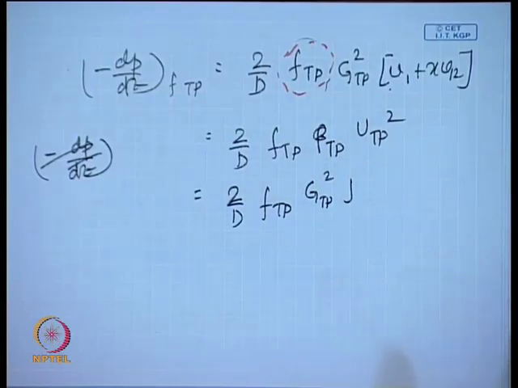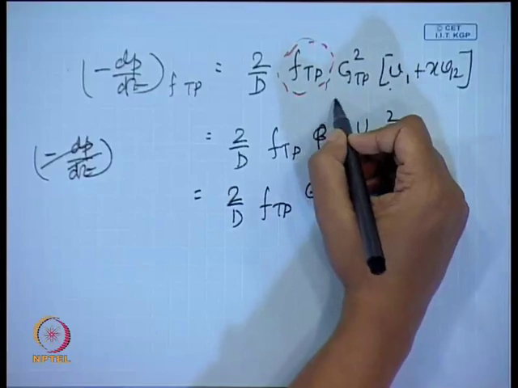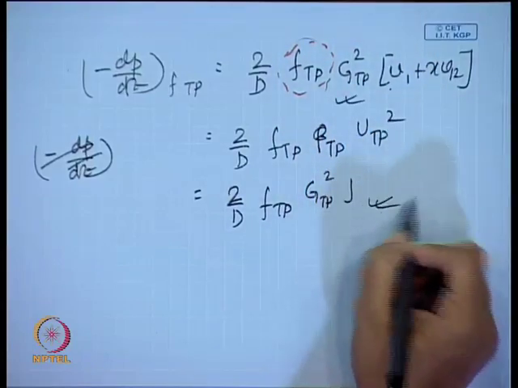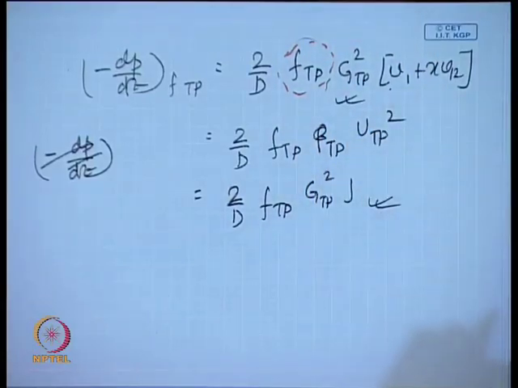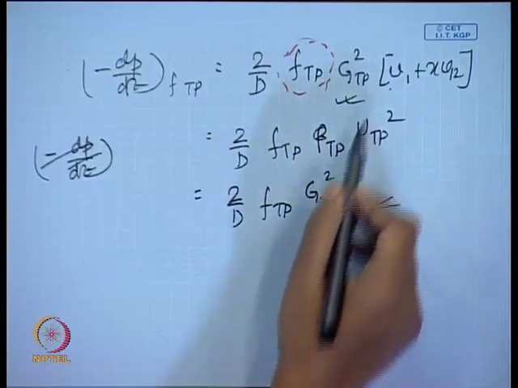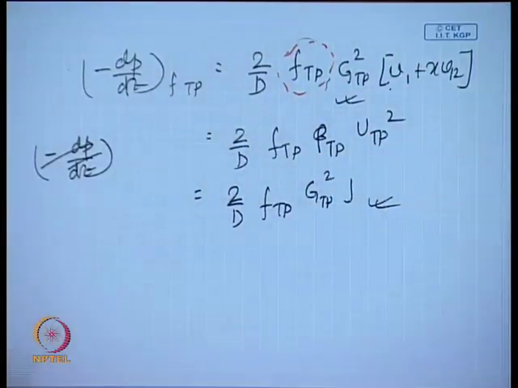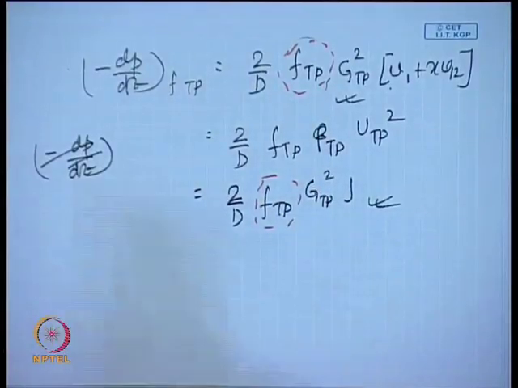Whatever way you wish, you can write it down; it just depends on the availability of the data, in which form you would like to express. So, we can either take up this particular form or this particular form. Whatever form you take, you find all the terms you know except the equivalent friction factor, fine.